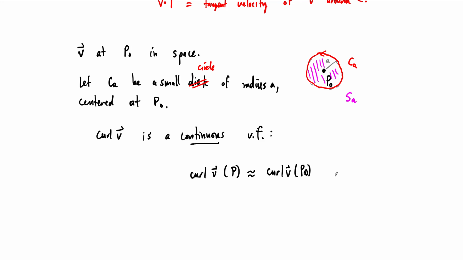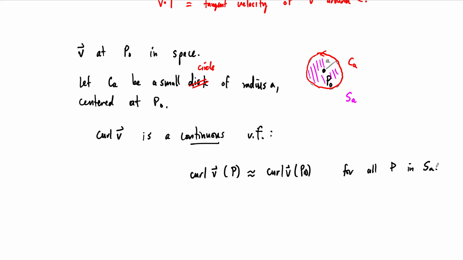And again, this approximately equal is only true because we are imagining A to be very small, and of course approximately can have different meanings as well. But this is going to be true for all P by continuity, for all P in our little disk S sub A.